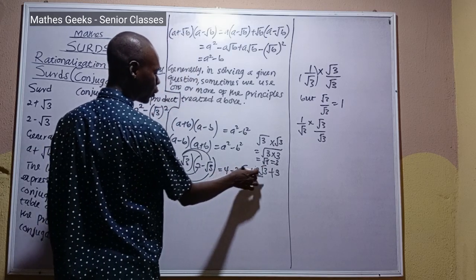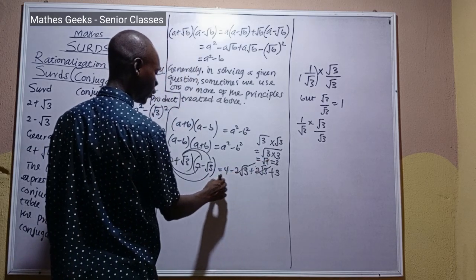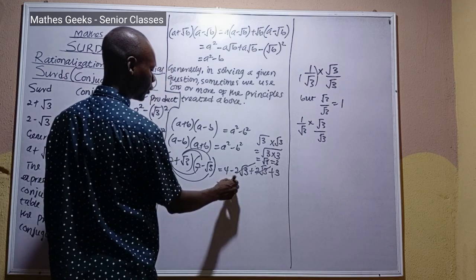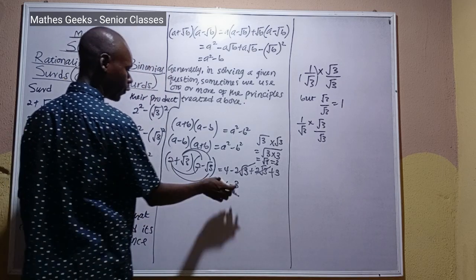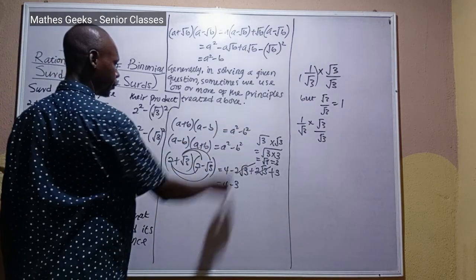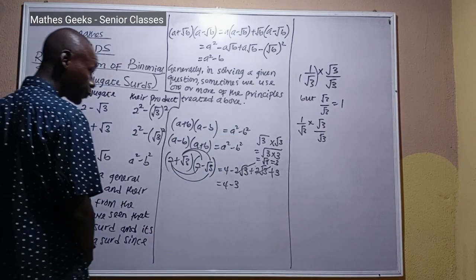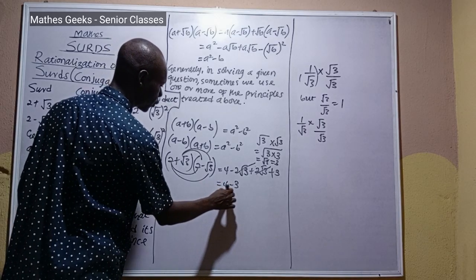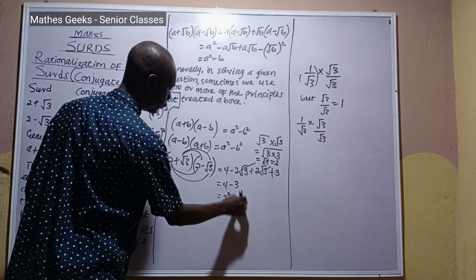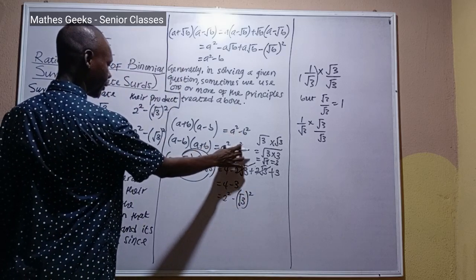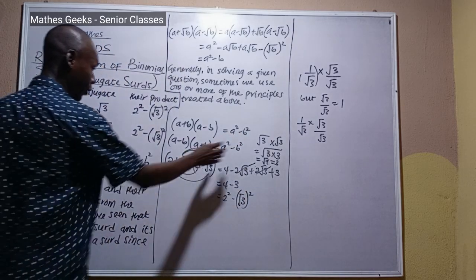Now minus 2 root 3 plus 2 root 3 will cancel out. You'll be left with 4 minus 3, which is a squared minus b squared. So what you have here is 2 squared minus root 3 squared. That's what this part simplifies to.